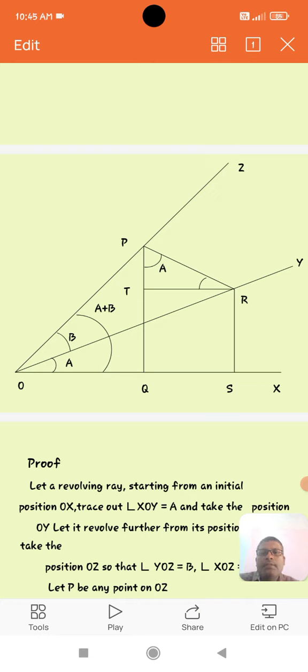These two angles we have to add, A plus B. And also you observe PQ and SR and TR, and in PQ one angle is there, that is A, and in TR one angle is there. In between, you observe the X axis and Y axis, and Z also is possible. Once again, observe this figure.